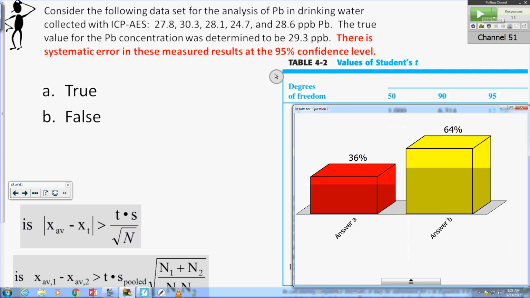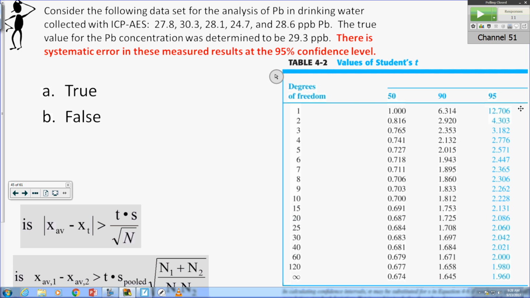Survey says, no, it's not 50-50. That's a good thing. It's false. Okay, 36% of us missed it.